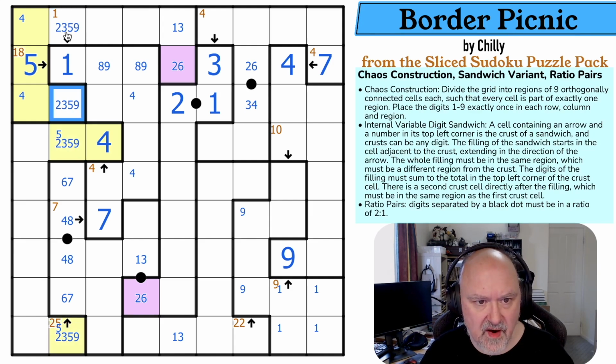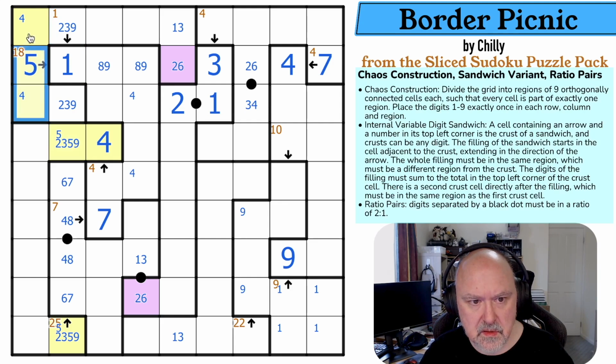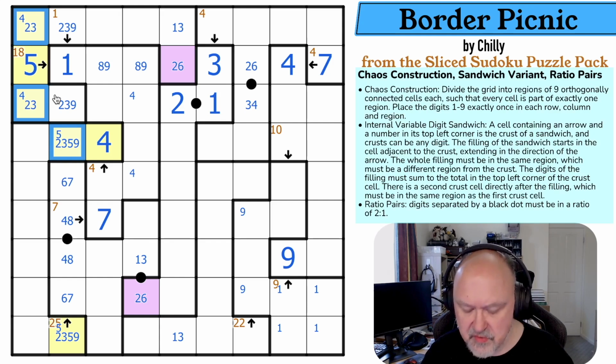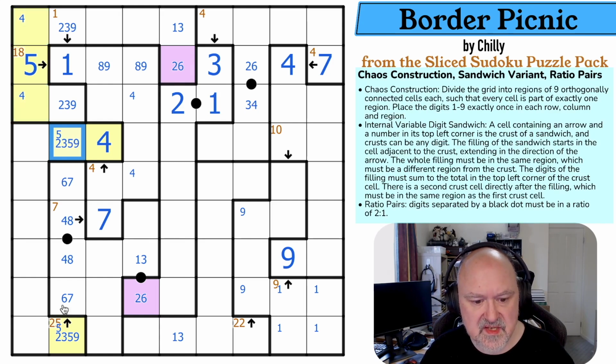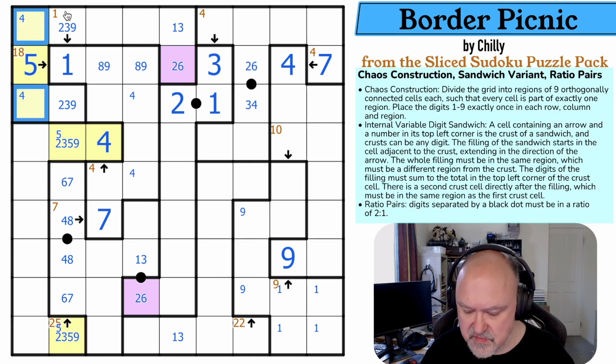Well, there's no 5 in any of those. So these are just from 2, 3, 4, 9. These are 2, 3, 4, 9. No, not all of them. Undo. These are 2, 3, 5, 9. I don't see how to reduce any of those. So these are from 2, 3, 4, 9. There's no 2 there.